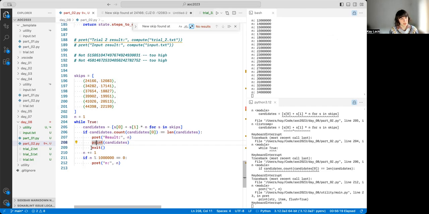I mean, I really do think it should be all these multiplied together somehow.